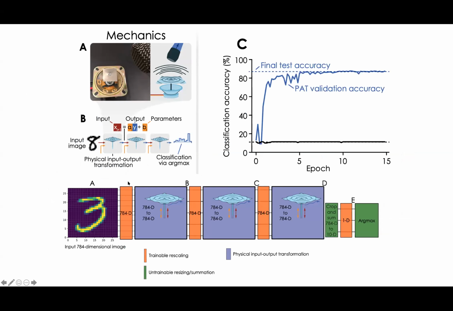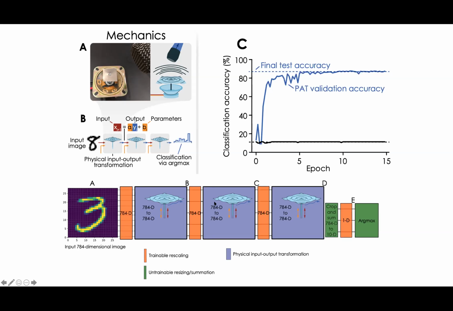So the input is an MNIST digit, a 384-dimensional vector, and then you still do element-wise rescaling with some trainable parameters, and then go to this operator. Again, this is a linear operator, so it's a little bit boring.